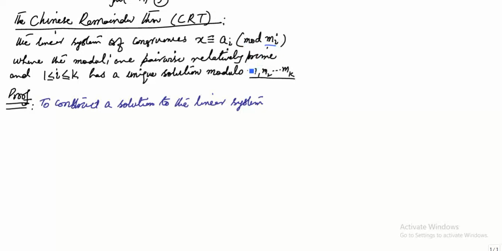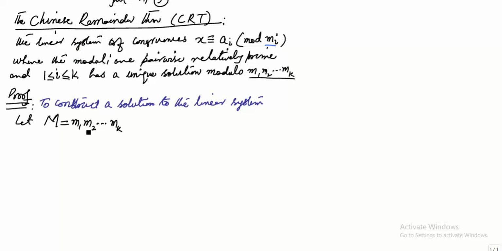So first we assume that capital M is the product of all moduli m1, m2 till mk.